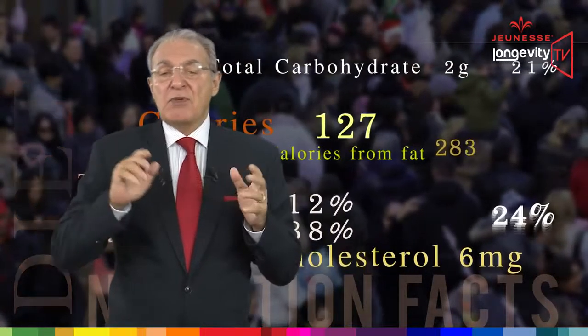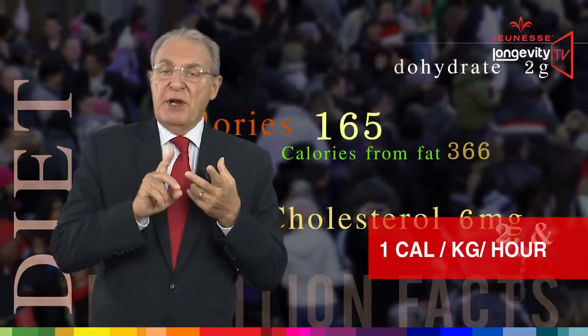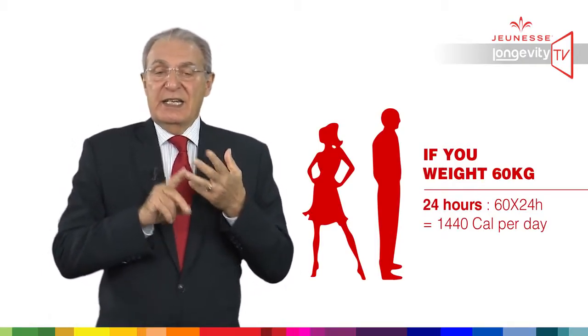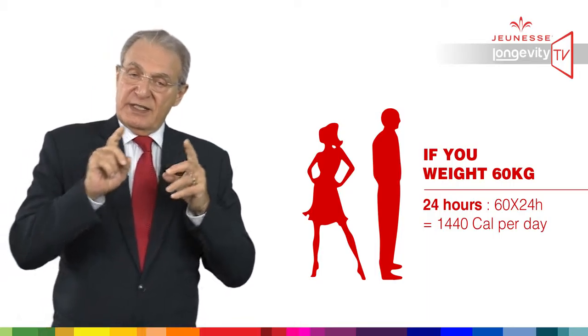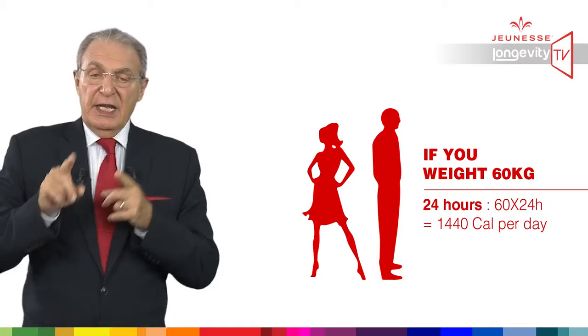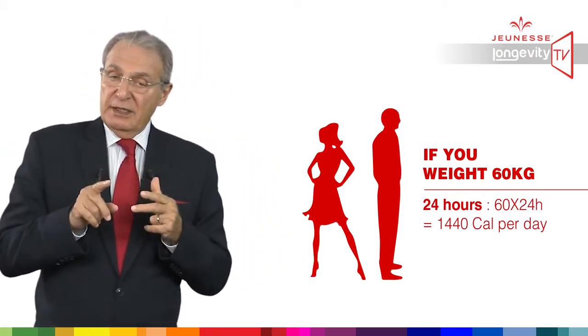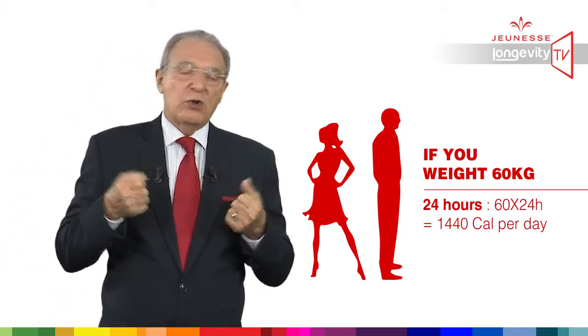This requires approximately 1 calorie per kilo and per hour. So if you weigh 60 kilos, you will spend in 24 hours 60 multiplied by 24 equals 1,440 calories per day. And this is good news because you have no control on that.